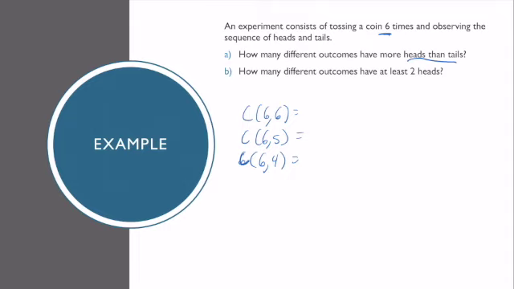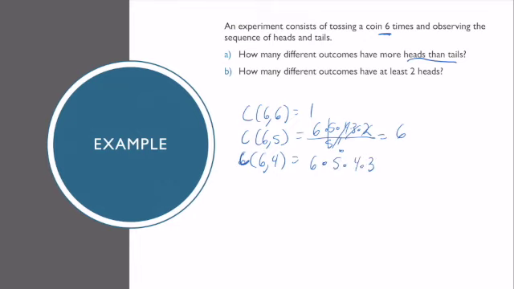Because I've got an even number, it's going to have to be those with 4, 5, or 6 heads. Well, 6 choose 6 is 1. 6 choose 5 is going to be 6 times 5 times 4 times 3 times 2 over 5 factorial, which is going to cancel out all this, so it's going to be 6.